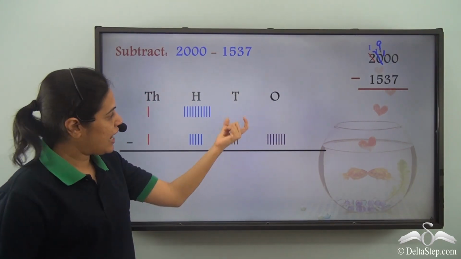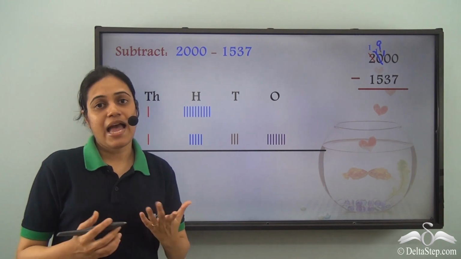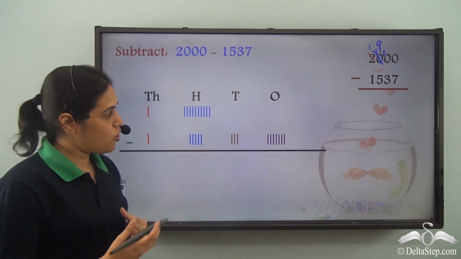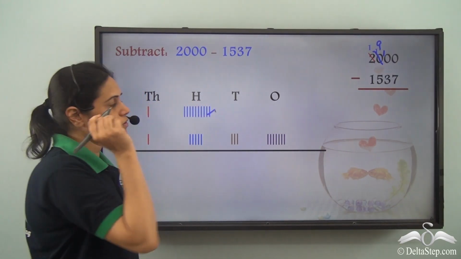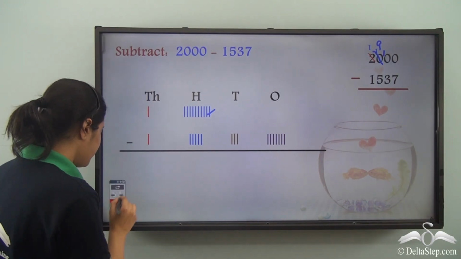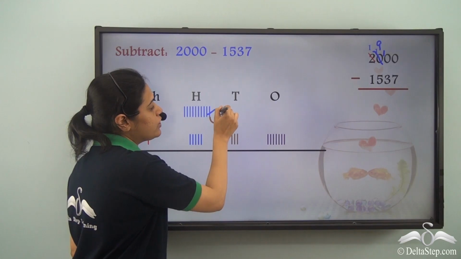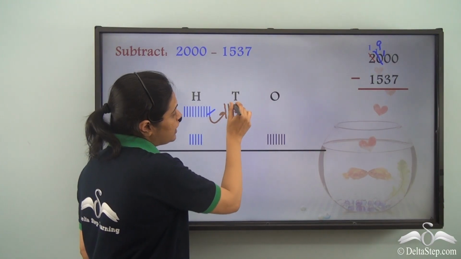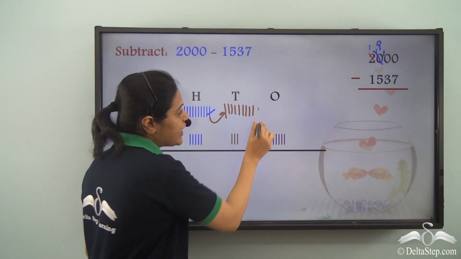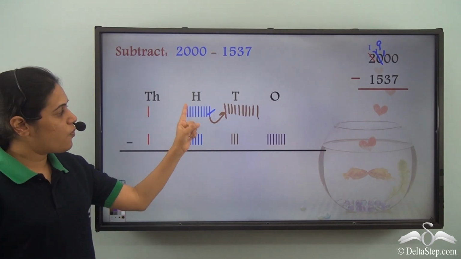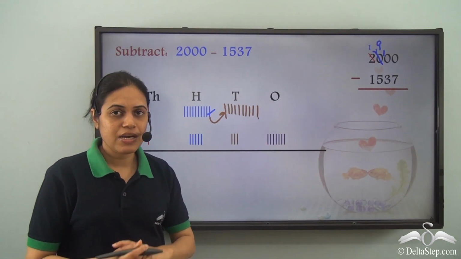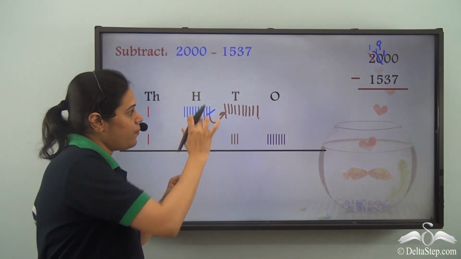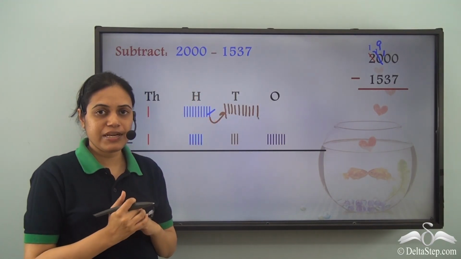Similarly over here, I see that there is nothing in the tens place and I need something in the tens place because I need to subtract these. So 1 from the hundreds place will shift to the right to the tens place and break down into 10. 1, 2, 3, 4, 5, 6, 7, 8, 9, 10 tens. 1 hundred is the same as 10 tens, because when we have 10 here, they come together as a group and go to the hundreds place as 1.